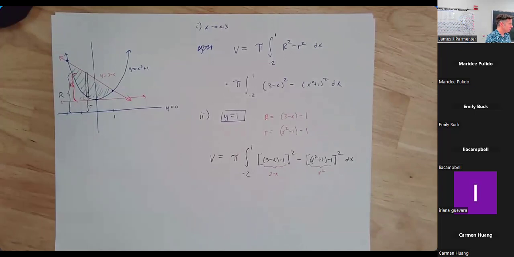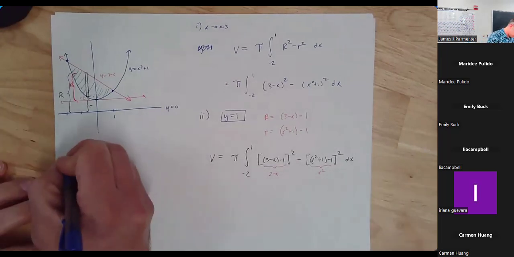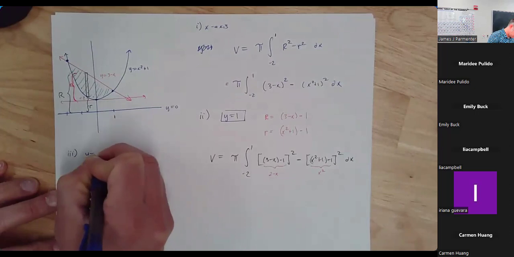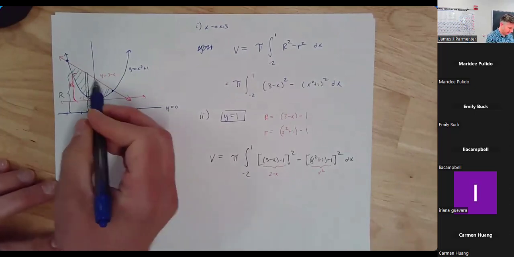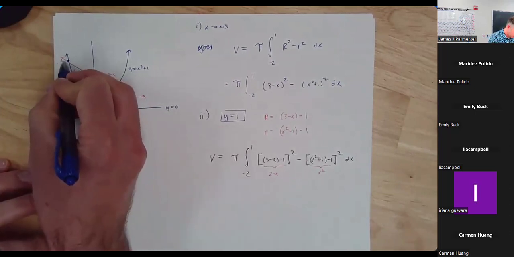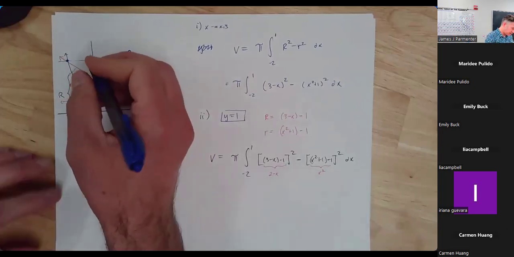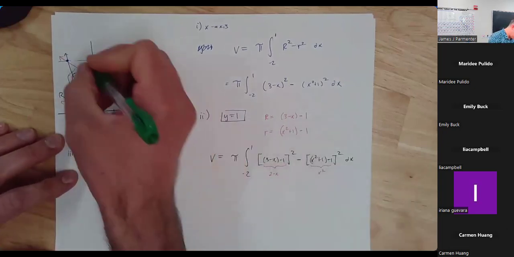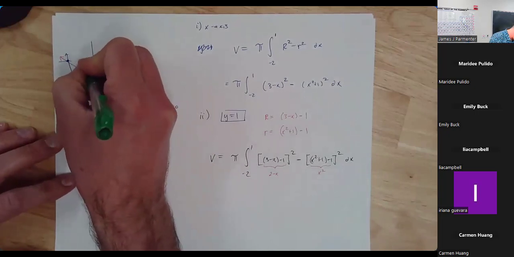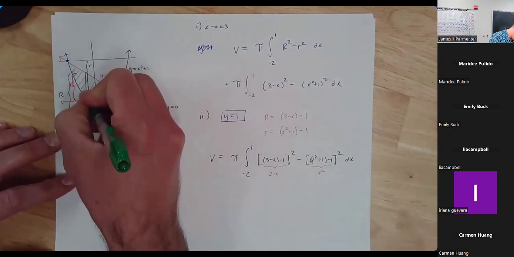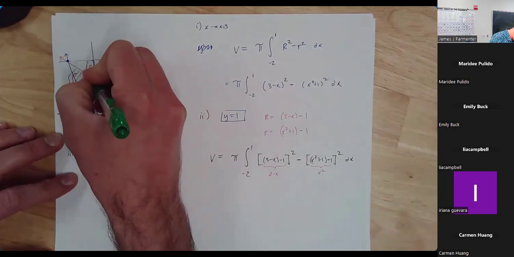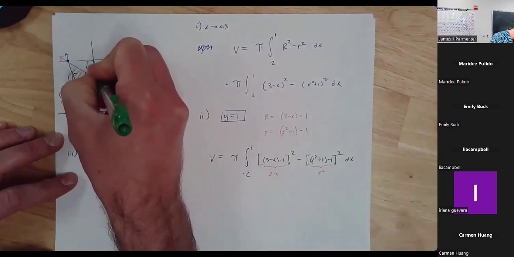Okay. All right, and then we're going to go around the line y equals 5. So y equals 5 is actually right up here. So now if I look at the same strip, my inner radius is now this difference, and my outer radius is now that difference.